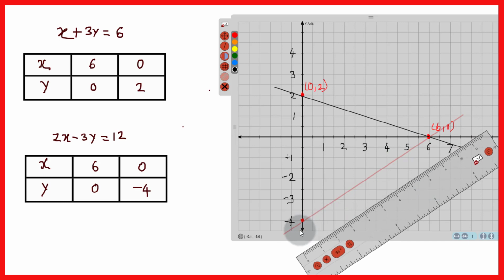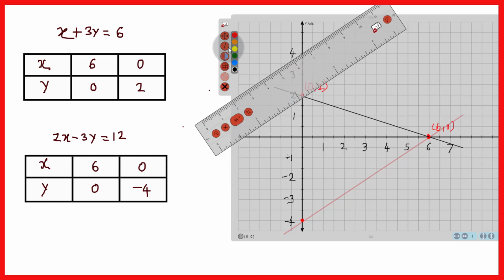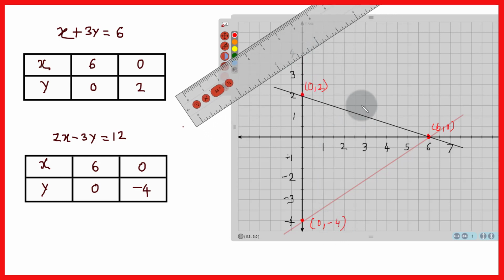So here that line is passing through these 2 points, and this coordinate is 0, minus 4. And this equation is x plus 3y is equal to 6, and this equation is 2x minus 3y is equal to 12. And here we have taken 2 centimeter is equal to 1 unit.